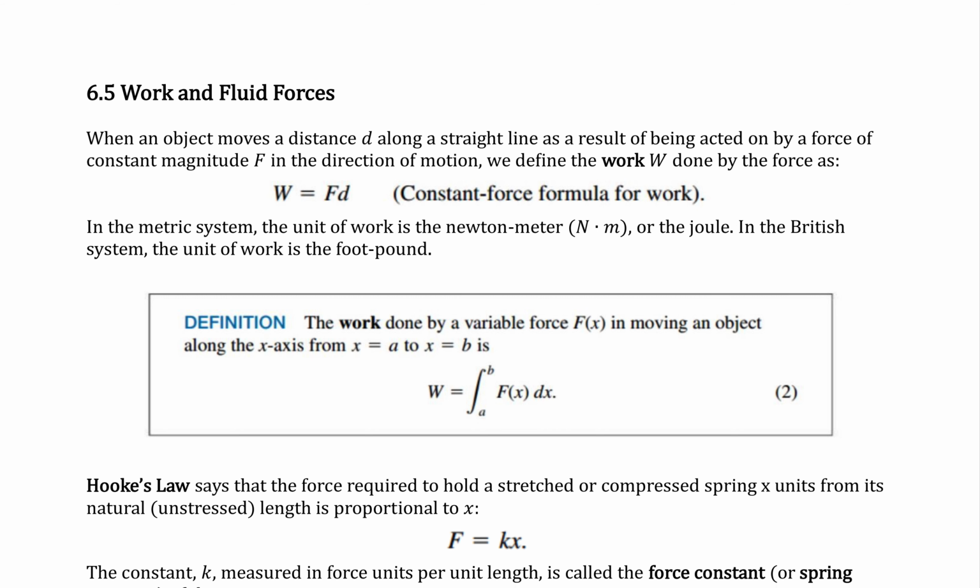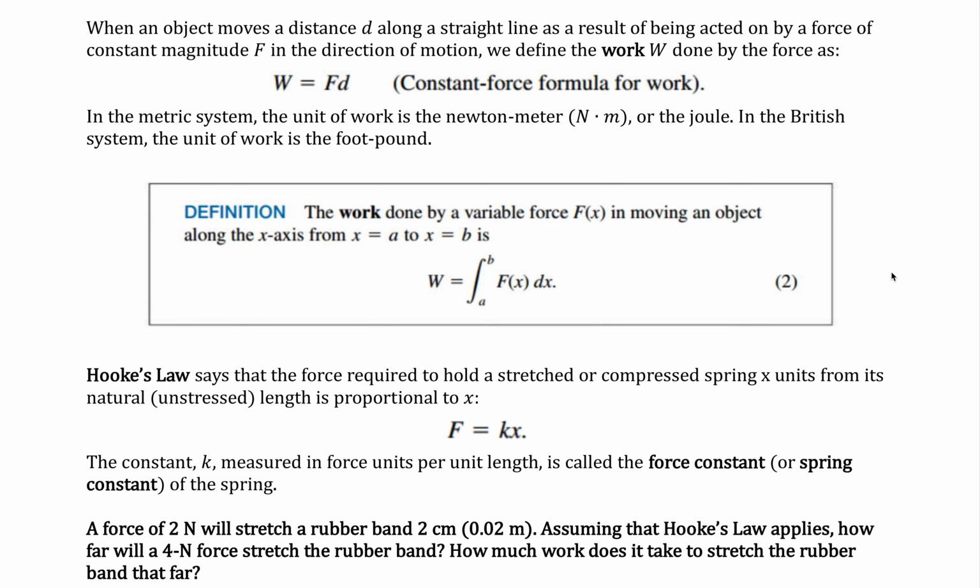This is Hooke's law. Hooke's law has to do with a spring and stretching or compressing a spring. It says the force required to hold a stretched or compressed spring x units from its natural or unstressed length is always proportional to that distance x.